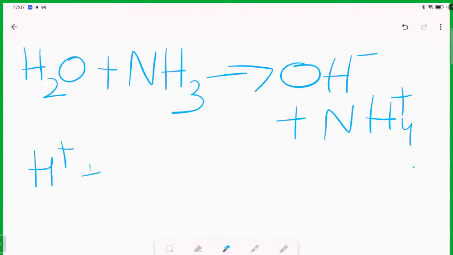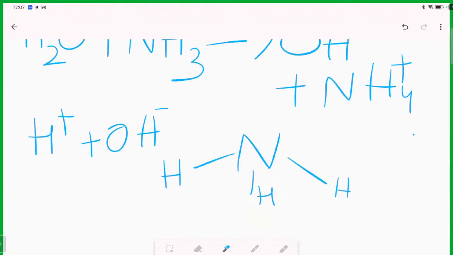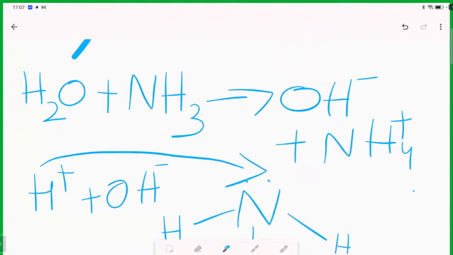H plus OH minus, और NH3 का स्ट्रक्चर क्या होता है? N, it has 3 hydrogen and a lone pair here. So जो H plus है वो ये लोन पेयर से बॉन्ड बना के OH minus will be left. So that is how we get OH minus and NH4 plus.